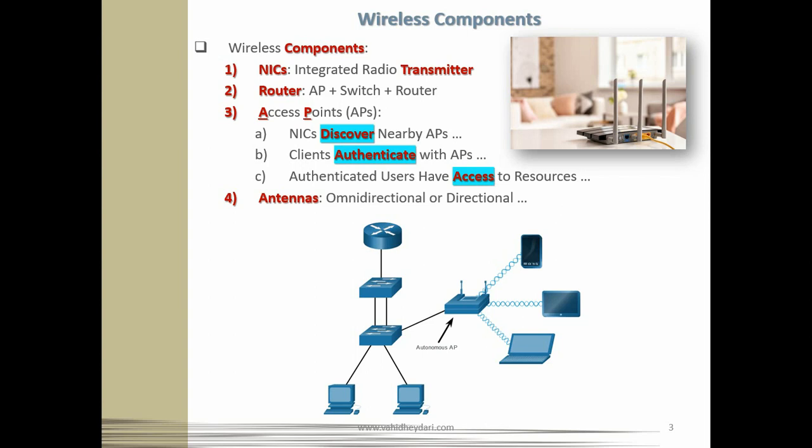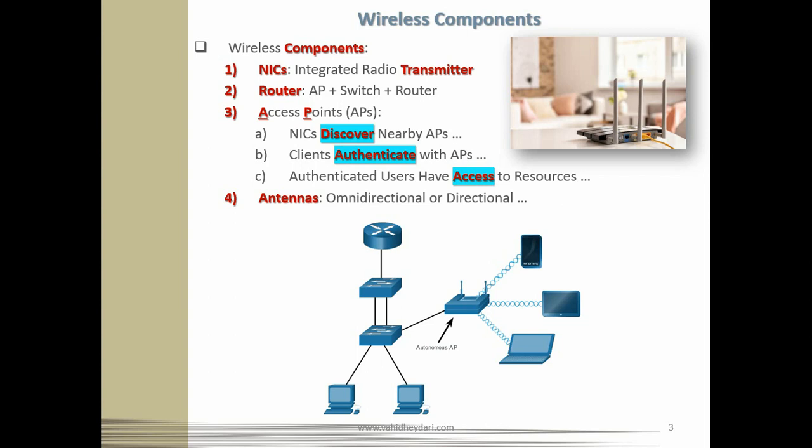The third subcomponent of a wireless router, as the name suggests, is a router that is there to route the traffic for us, to provide a default gateway to other networks, and that other network can be the internet. So the router subcomponent of a wireless router is there to provide internet connectivity for us.